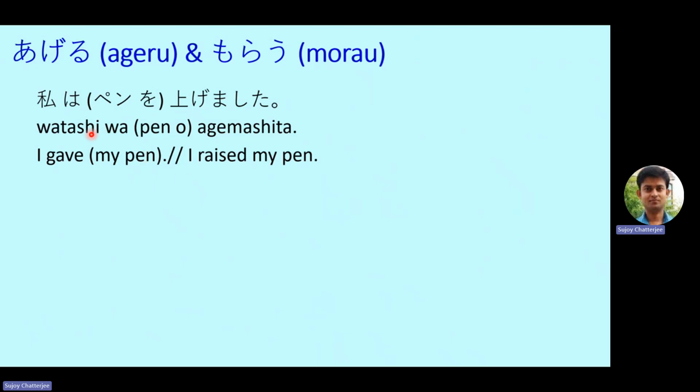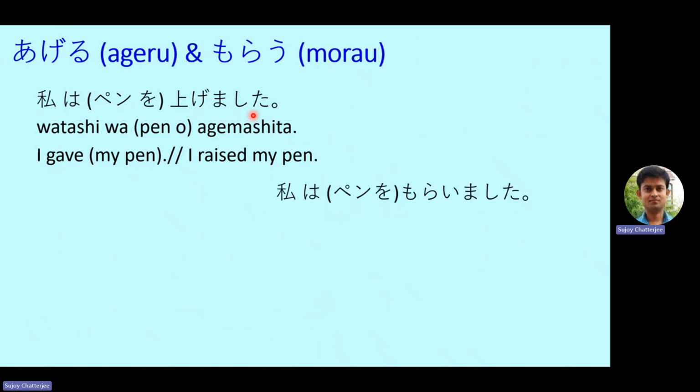So both the meanings are valid, but depending on the previous or the next sentence, you should be able to understand what the speaker is talking about. We will come to a more specific example while using the ni particle, when the meaning will be I gave my pen. So watashi wa pen o agemashita can mean I gave my pen, and it may also mean I raised my pen.